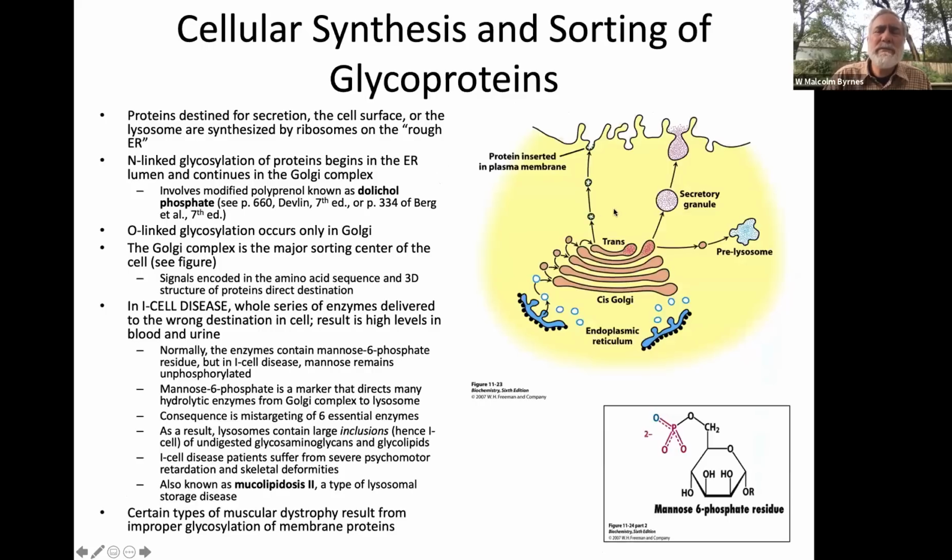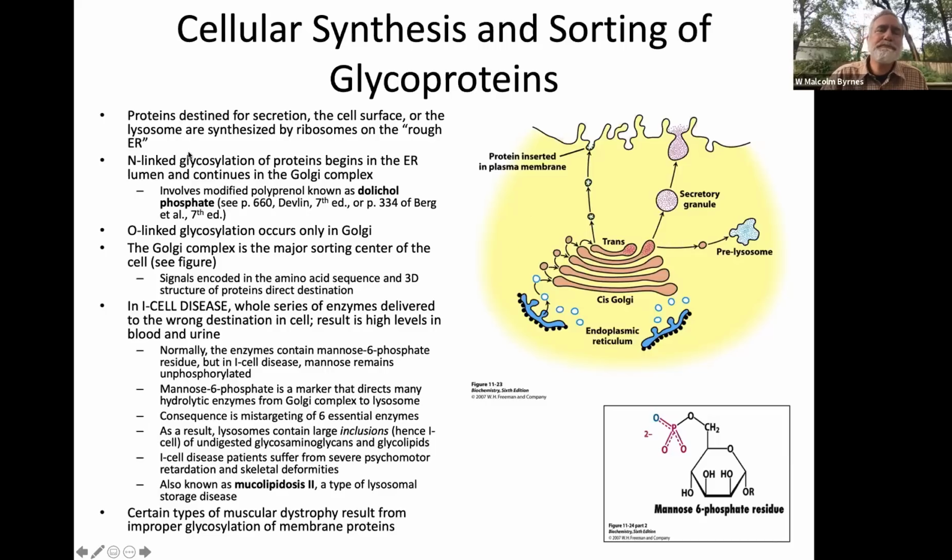But I wanted to mention that glycoproteins are formed in the endoplasmic reticulum and the Golgi complex. And the Golgi complex serves as the so-called sorting center of the cell. Lots of alliteration there.